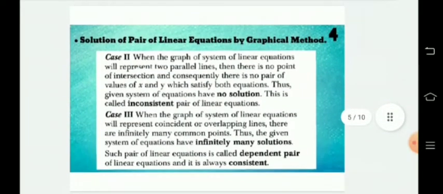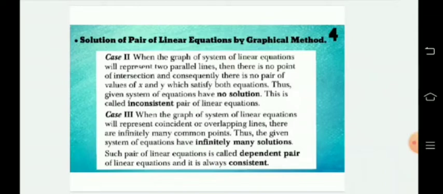अब केस 2 र केस 3 के छ भन्दा चाहिँ solutions of pair of linear equations by graphical method कै. Case 2, when the graph of the system of linear equations represents two parallel lines. मतलब कुनै पनि ग्राफलाई हामीले प्लट गर्दा त्यो चाहिँ two parallel lines मा प्लटिङ हुन्छ, then there is no point of intersection and consequently there is no pair of values of x and y which satisfy both equations. मतलब दुईटा इक्वेसन को जब हामीले ग्राफ प्लट गर्दा लाइन्स चाहिँ प्यारलल हुन्छ, कुनै पनि पोइन्ट अफ इन्टरसेक्सन छैन.